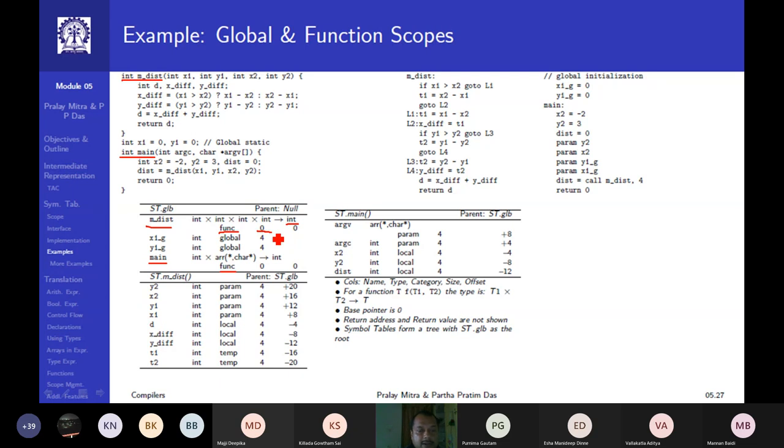Okay. Now you see that when I declare the variable, then when I am scanning and then parsing that one, the corresponding entry will be there in the symbol table.